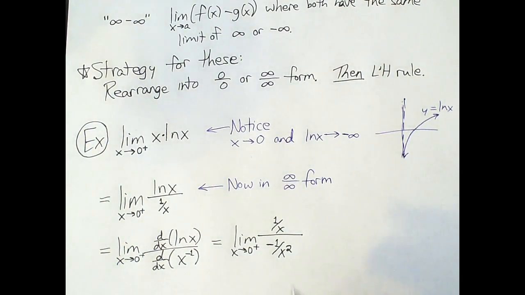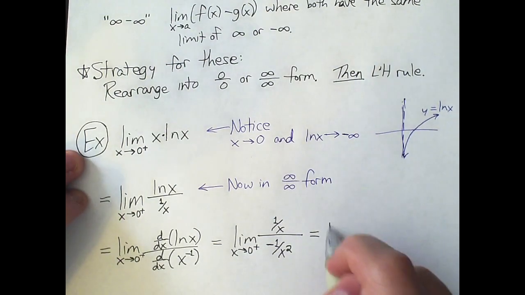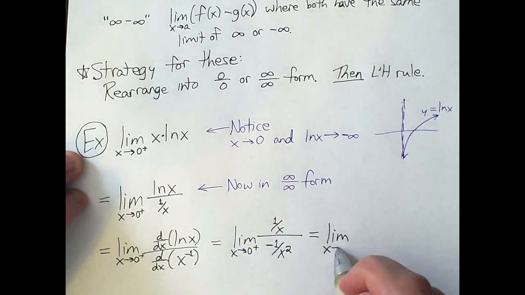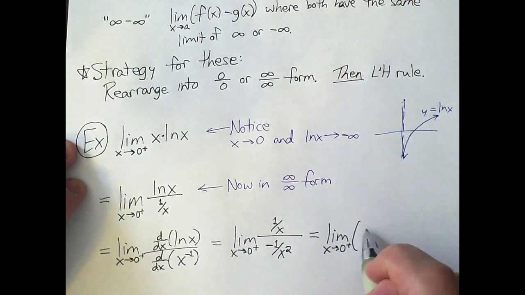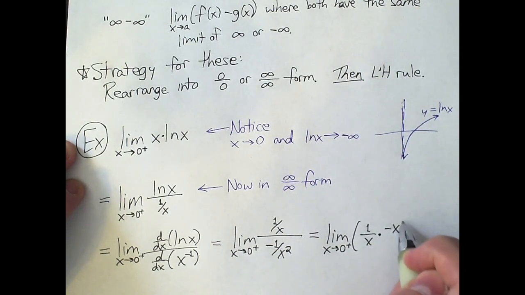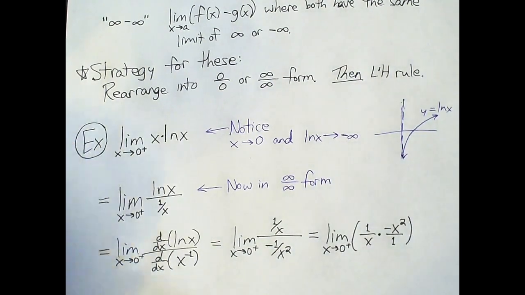Then we have to figure out what's going on with this. Is this an indeterminate form? What's happening to this if x is approaching 0 from the right? Well, it's a fraction over a fraction, so we could probably find a better way to write this and see if any of those x's cancel out. How about we write it as 1 over x times negative x squared over 1. What I did was take the bottom one, and instead of dividing by that fraction, I multiply by its reciprocal.